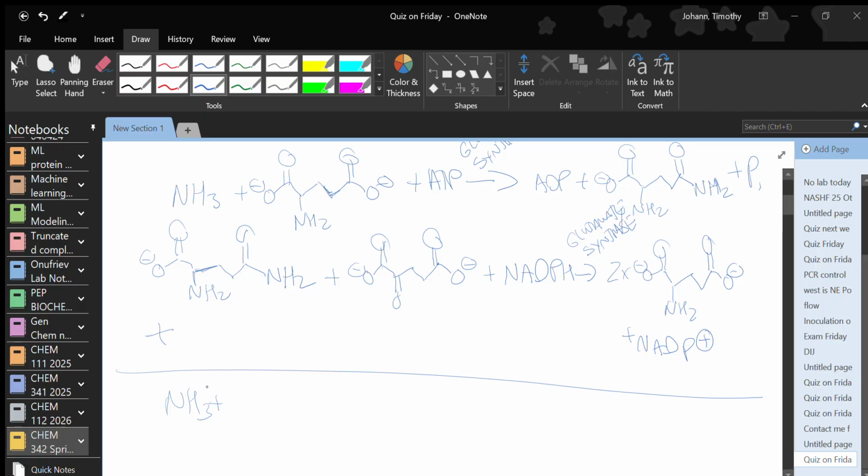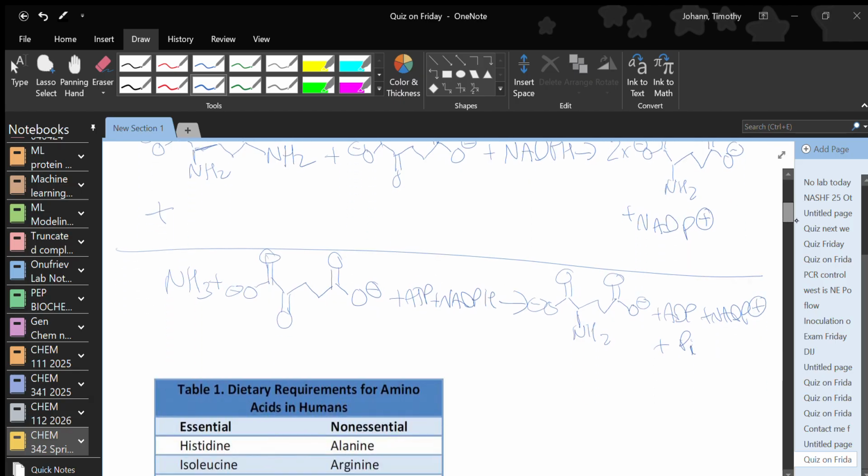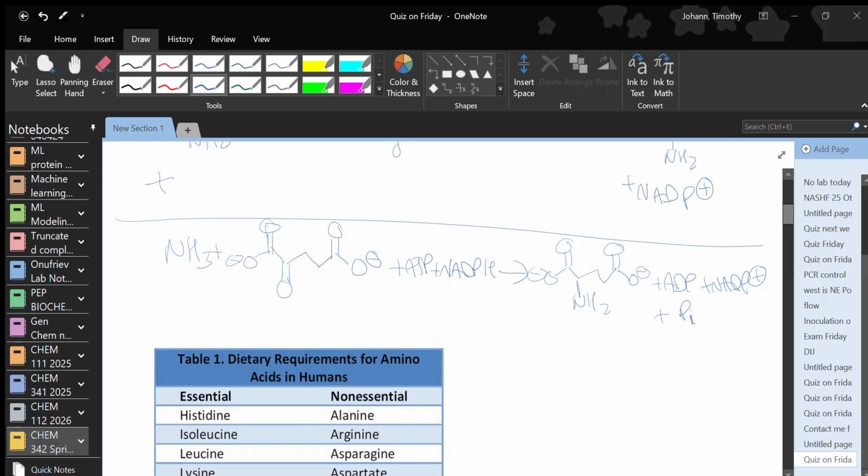So it's going to be ammonia plus alpha ketoglutarate plus ATP plus NADPH goes to a glutamate plus ADP plus NADP plus, and that phosphate needs to be there too. All right. Questions on that?